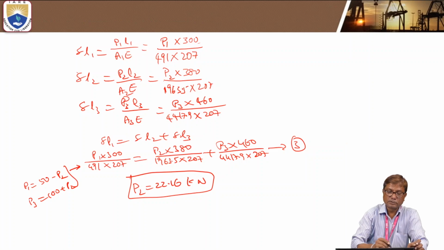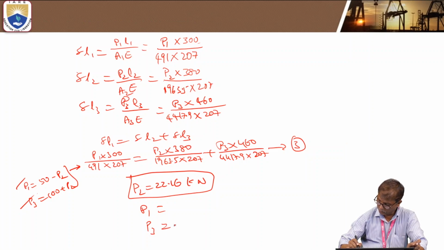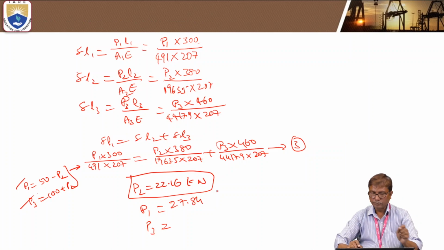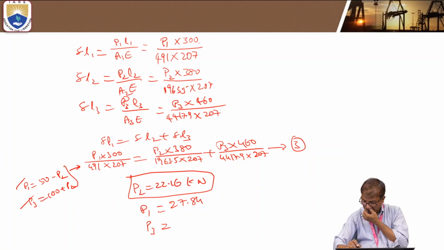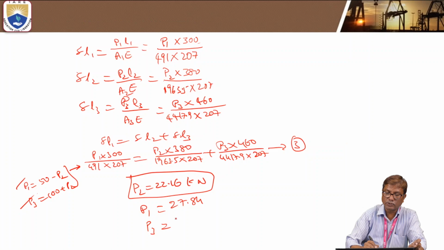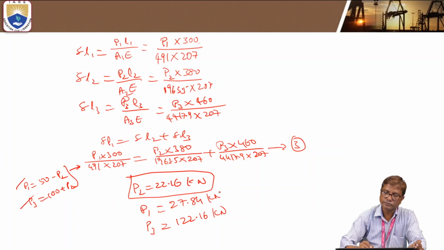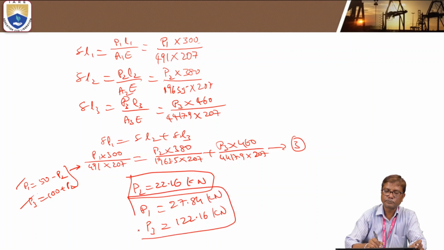And now from this relation, you will get P1 and P3 also. So what is P1? 27.84. Okay. And P3 is 122.16 kilonewtons. Okay.